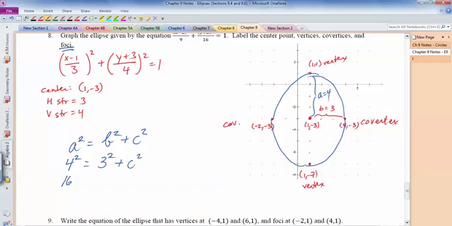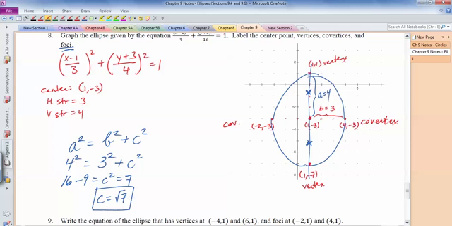So that's 16, and then if I bring the 9 over, that's c squared, which is 7. So c equals root 7, or plus or minus root 7, but it's a length, so I'm only counting the plus. Well, the foci need to fall on the major axis here.